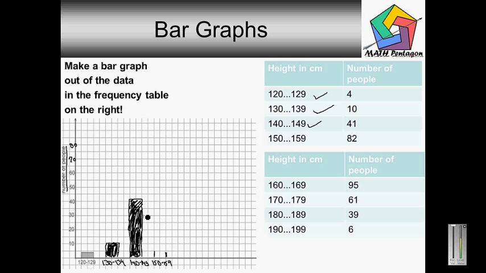So now I can figure it out. So I'm going up. I gotta reach 82, which is about right here. And then I go down, connect it with my bar, and I fill it in.